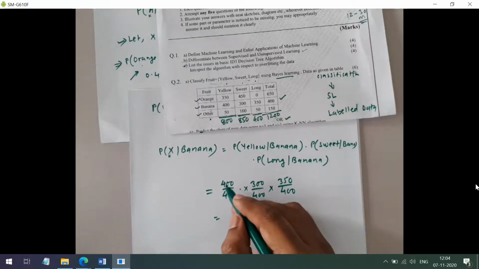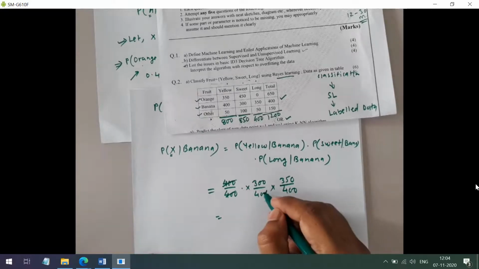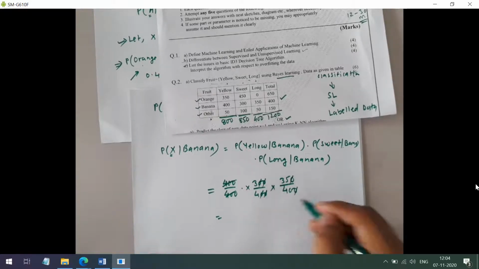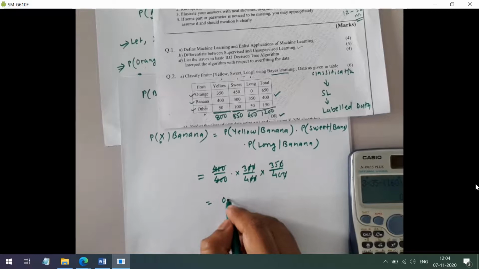So this one, this will cancel out. And we'll calculate the value. So it is 3 by 4 into 35 divided by 400, so it is 0.65.